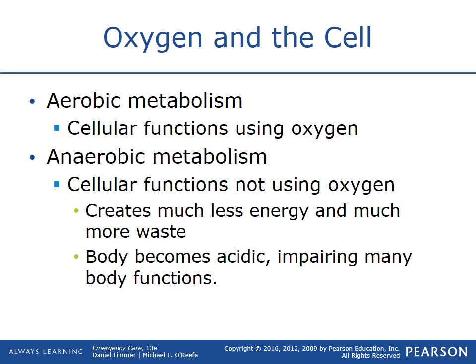But that's an inefficient way of creating energy, and we call that anaerobic metabolism. The problem with anaerobic metabolism is it creates much less energy. If it's creating energy using aerobic metabolism, the correct way, you'd have 36 ATP molecules. But anaerobic metabolism will create only 2, so there's a severe decrease in the amount of ATP molecules.